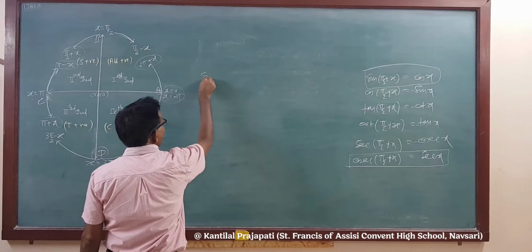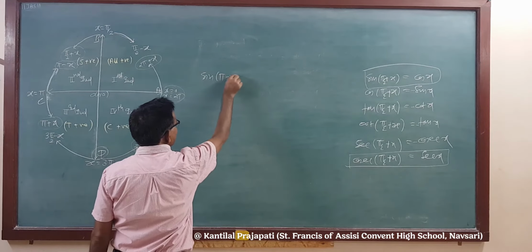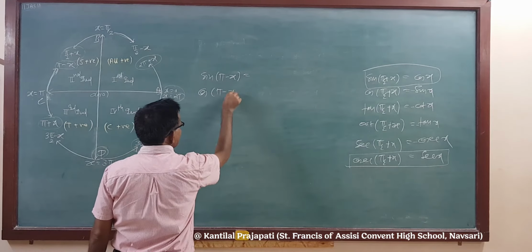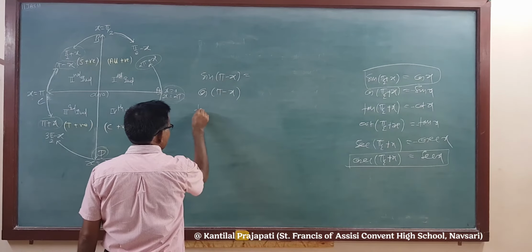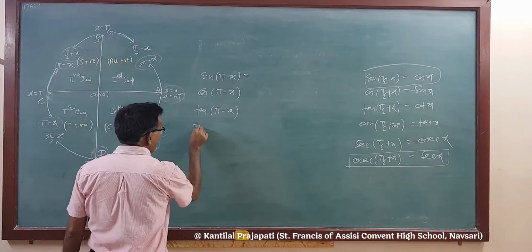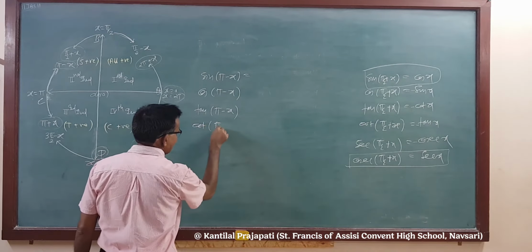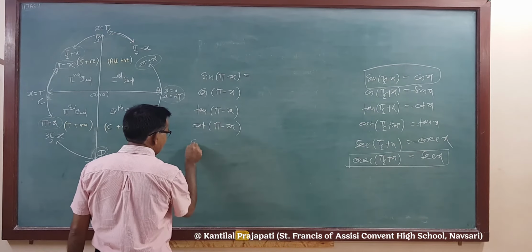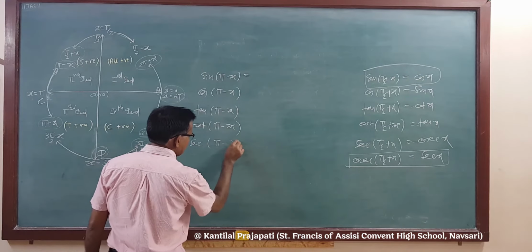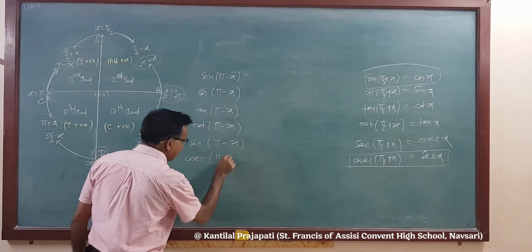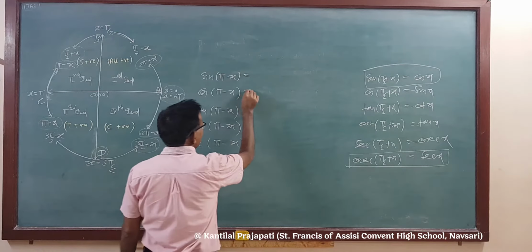Consider sine of pi minus x, cos of pi minus x, tangent of pi minus x, cot of pi minus x, then sec of pi minus x, and cosec of pi minus x, right?